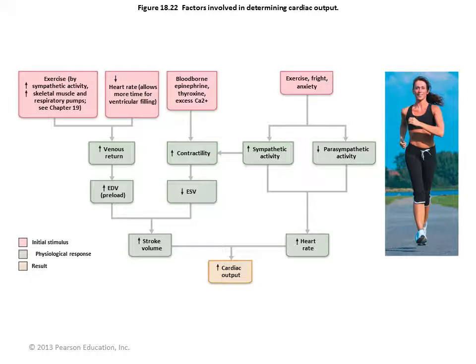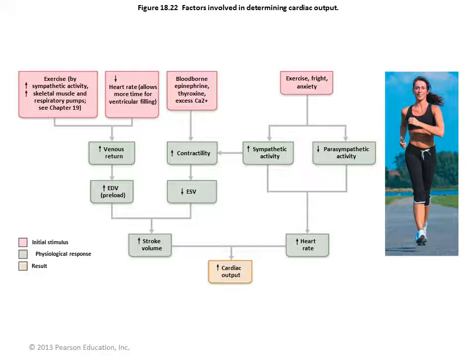It is increased by sympathetic stimulation and increased calcium influx, and also by positive inotropic agents such as thyroxine, glucagon, epinephrine, digitalis, and high extracellular calcium. It is decreased by negative inotropic agents such as acidosis, increased extracellular potassium, and calcium channel blockers.